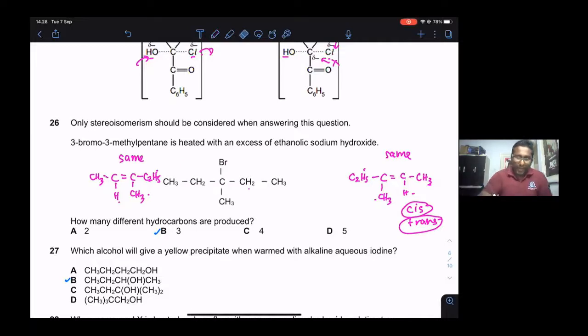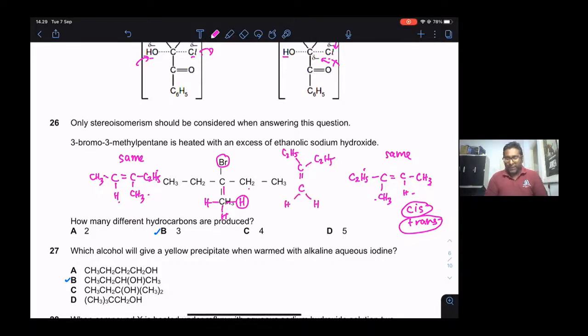Do remember this is going to be the carbon, and then there are 3 hydrogens over here. The hydrogen here and the Br can go out, and you will have a double bond over here. How do I draw that? It will be something like carbon, then I have C2H5, double bond with this carbon, hydrogen and hydrogen.